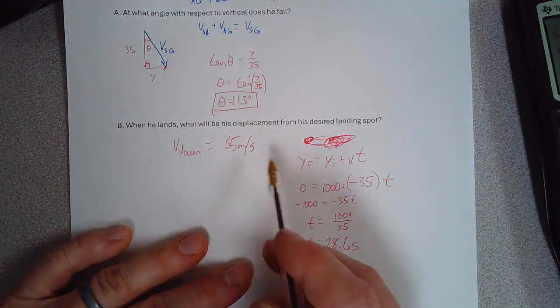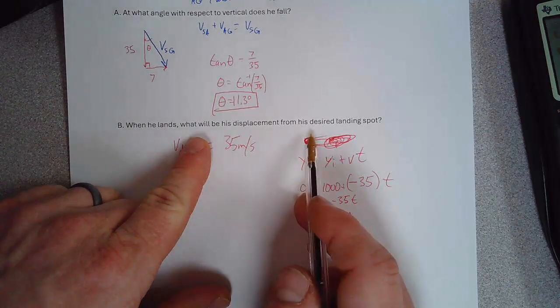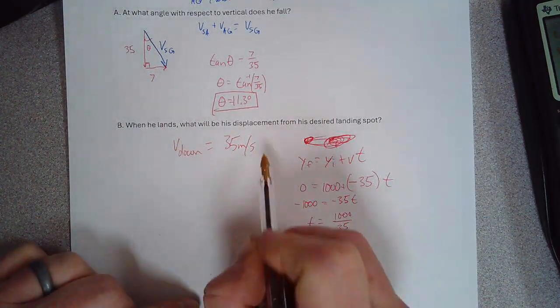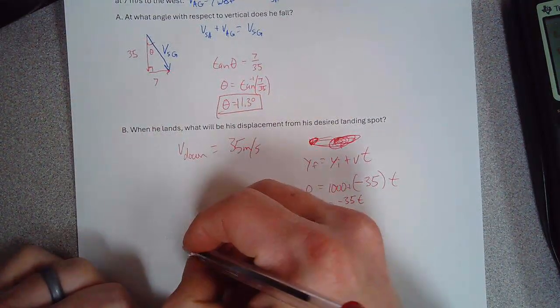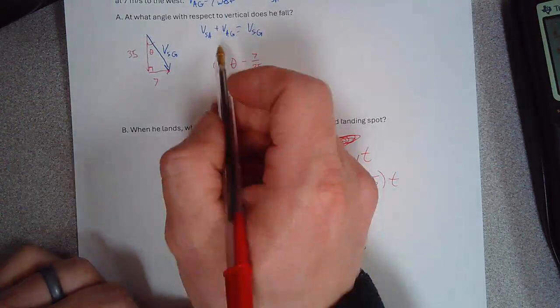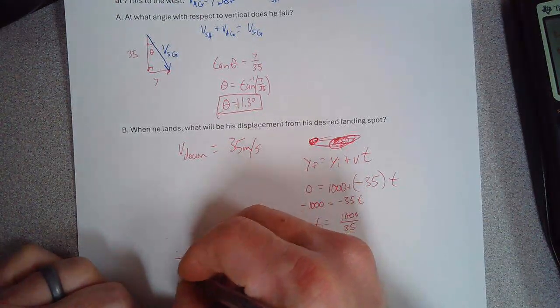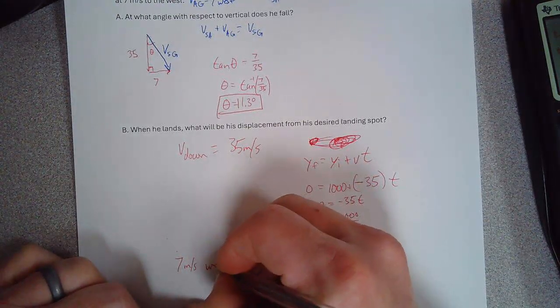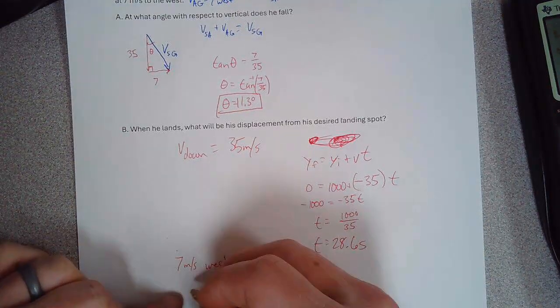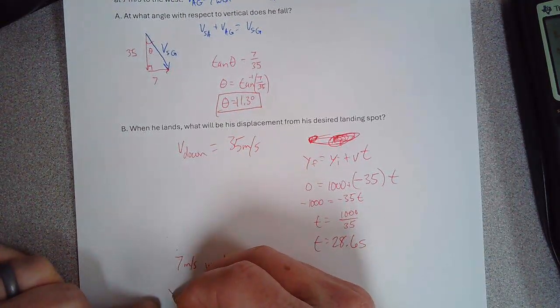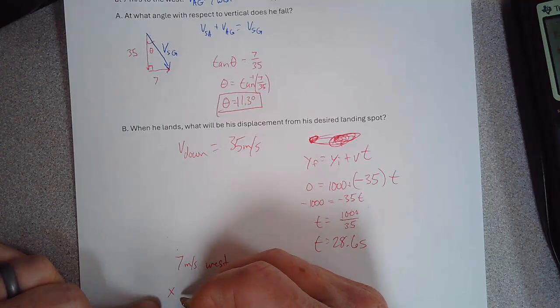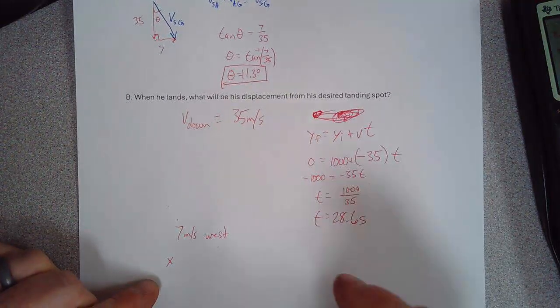There you go. But that's not the answer. So how long is he going to be going? That means he's going 7 meters per second to the west for 28.6 seconds. So we're going to do our x direction this time, which is also constant velocity.